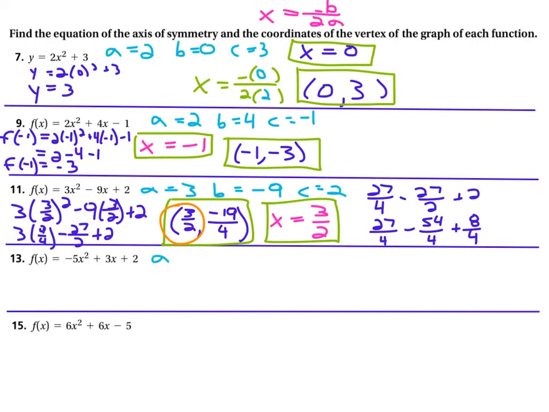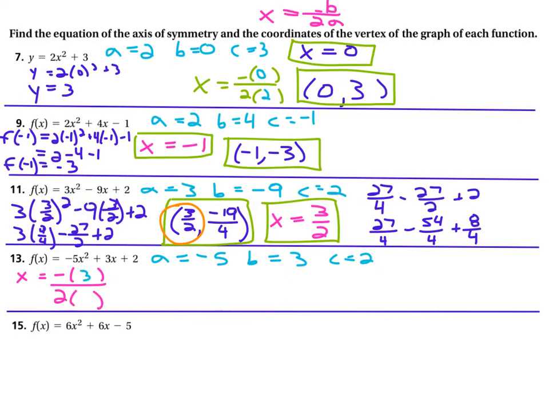Now, moving on, I'm going to identify what is A. A is, in this case, negative 5. What is B? B is 3. And what is C? Just for fun, C is 2. So if we want to calculate x equals negative b over 2a, we would say negative what over 2 what.